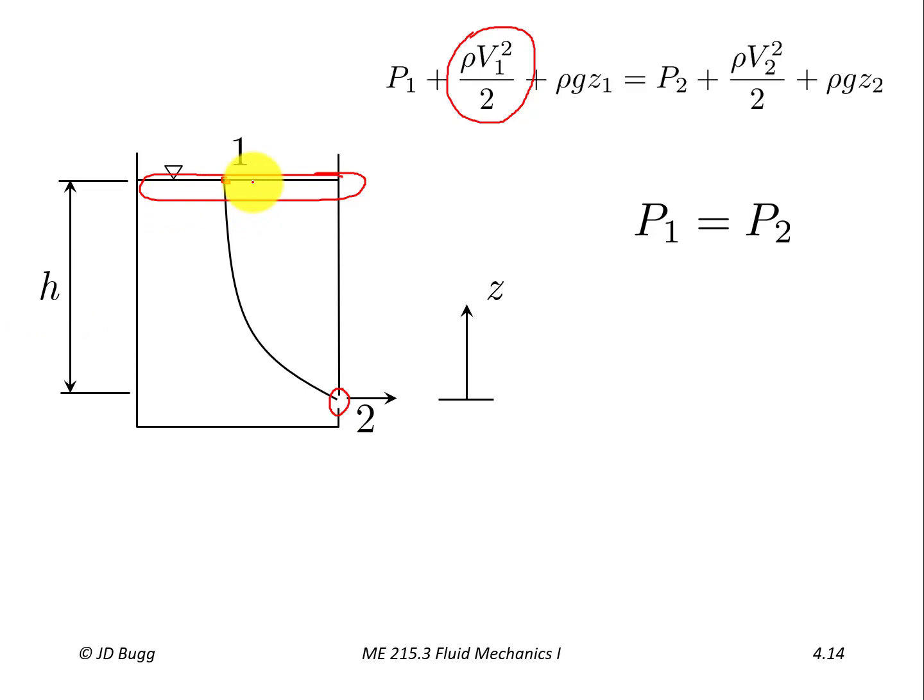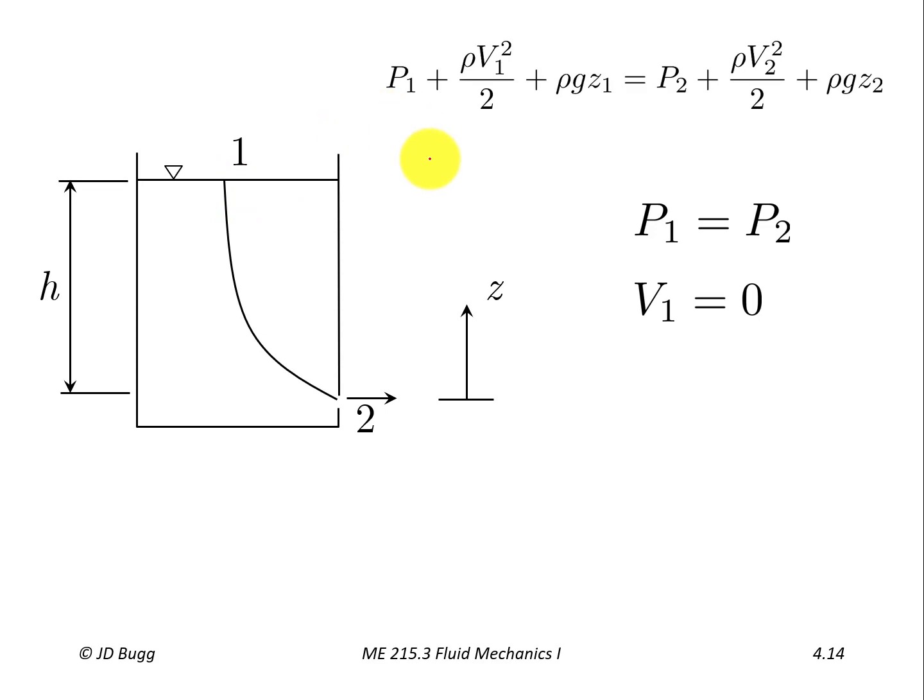Okay? So we're going to assume that V1 is 0 and that the kinetic energy of this point moving down is very, very small. So if we were doing a more full-fledged problem here, what we would put in our assumption list is it's a large reservoir, or the hole is very small compared to the size of the reservoir. So the speed at which point 1 is dropping is negligible. And this also makes it a steady problem.